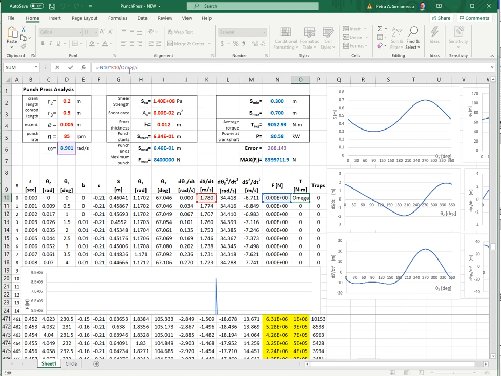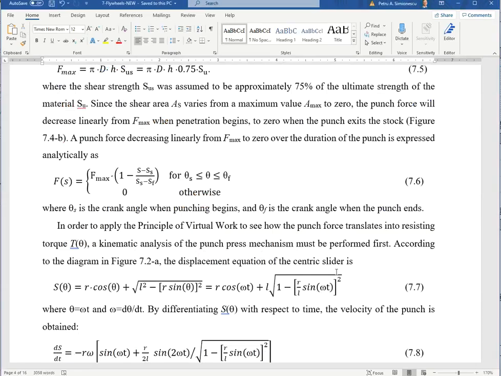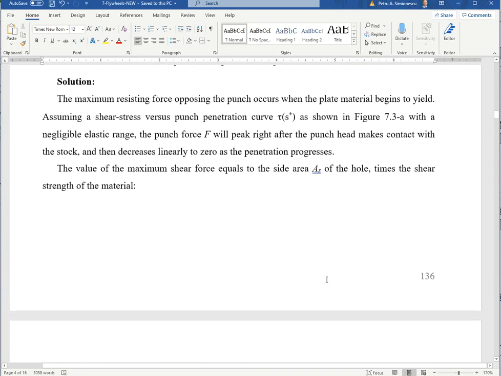Okay, and that's why I'm using here, so this is rather principle of virtual power, because you see me using ds over dt divided by omega rather than F times ds over d theta. So I'm not simplifying by dt in the earlier equation. What was it?